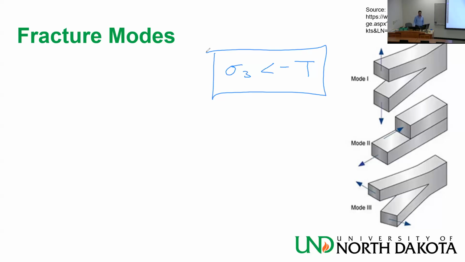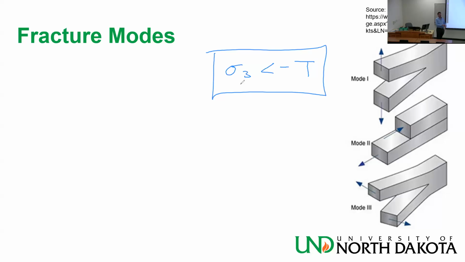And then there is a little bit of thinking, what is sigma 3? It may not always be one of the in situ stresses. If you remember last lecture, what Hakim was alluding to was basically, okay, when you get close to the wellbore, you have interference from the wellbore. So maybe those three stresses that we talk about, SH max, SH min, and SV, are no longer the dominant stresses in that region.